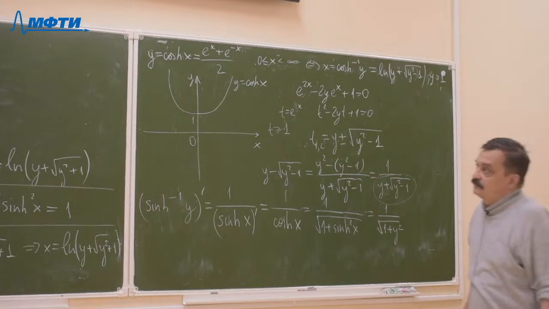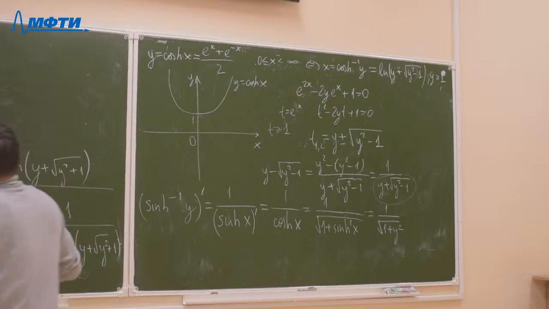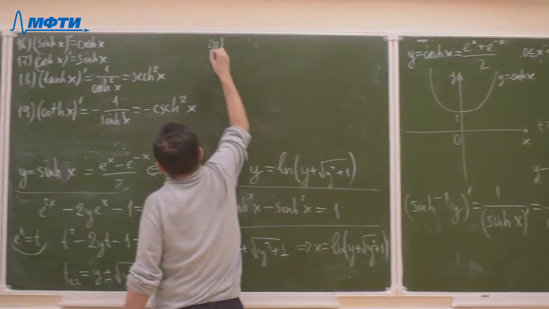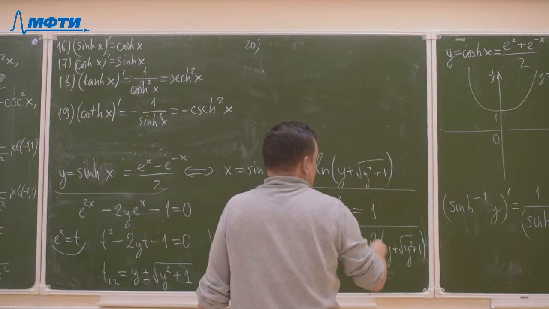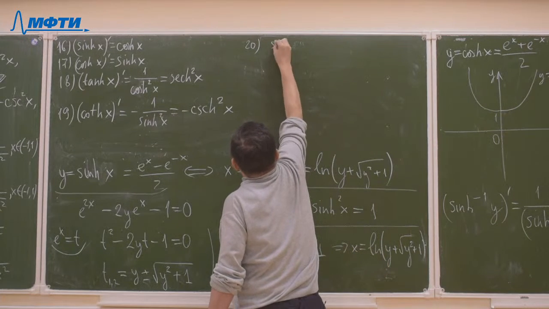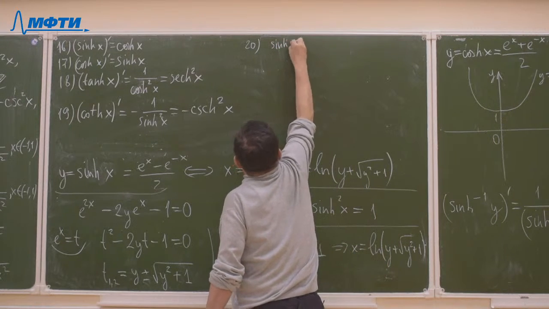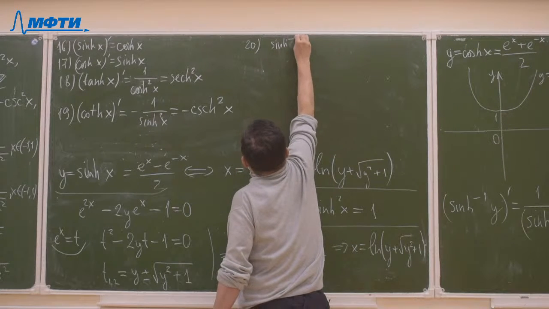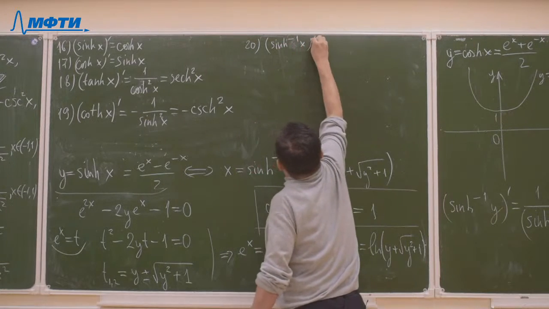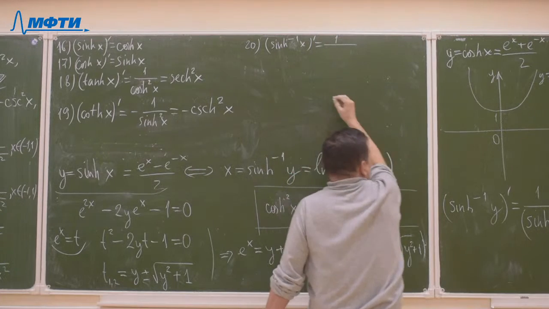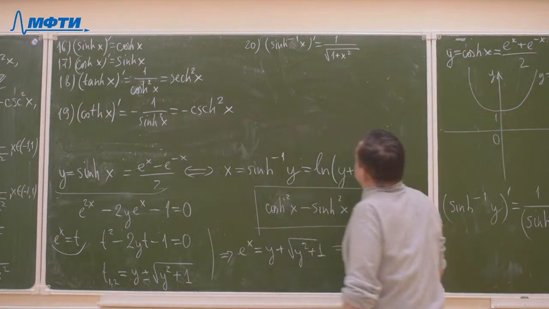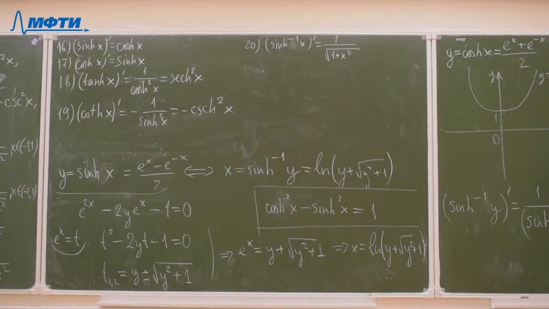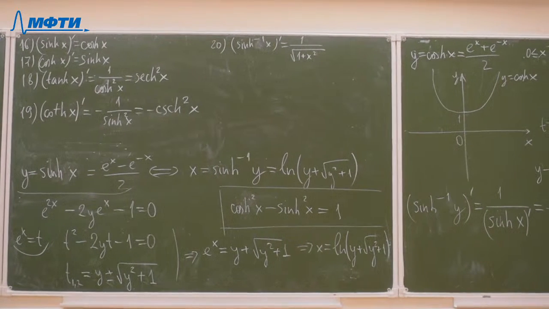So what we obtained: the derivative of sine hyperbolic minus 1 x is 1 over square root of 1 plus x squared. No restrictions, because it's defined everywhere.